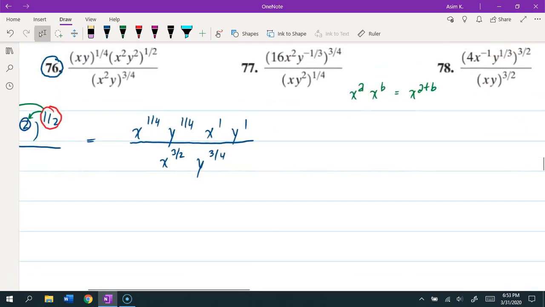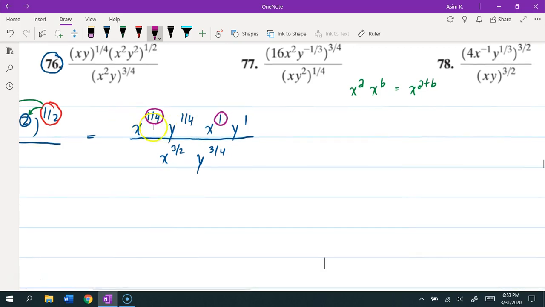And so what's going to happen here is everywhere there is an x and an x, I'm going to go ahead and add their exponents, because everything in the top is being multiplied. That means x to the power of 1/4 times x to the power of 1. So I'm going to do that part first.